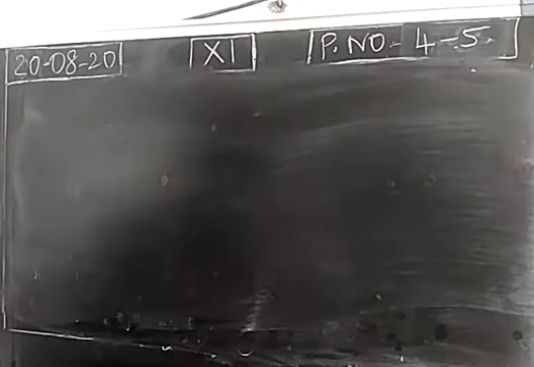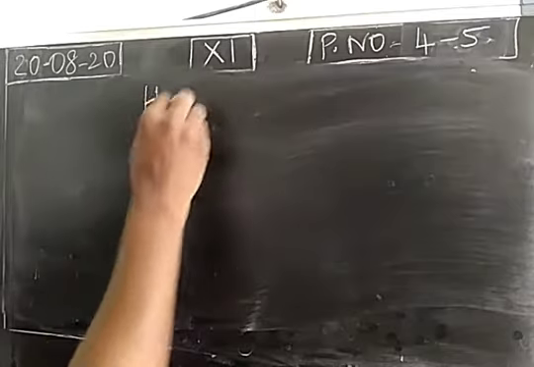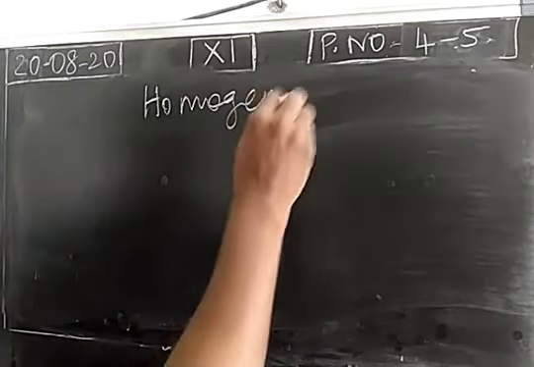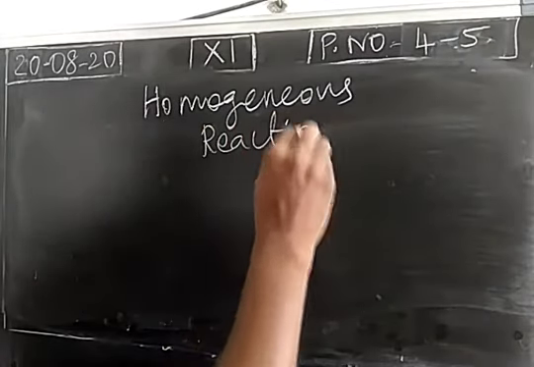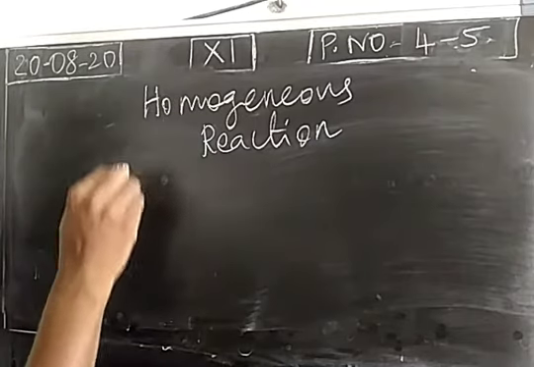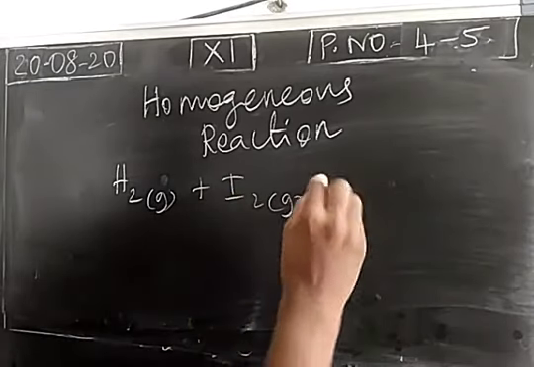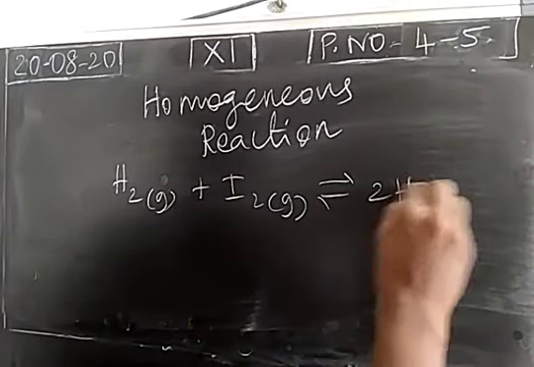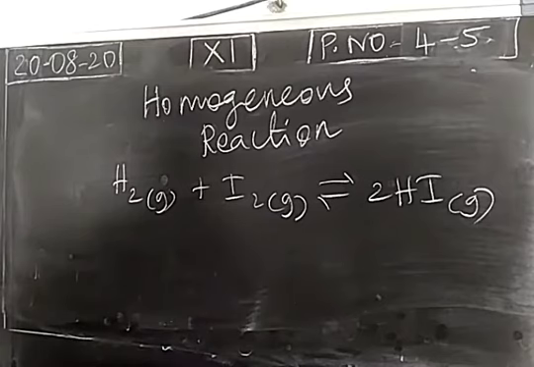Existence of equilibrium in homogeneous reaction and heterogeneous reaction. Take a homogeneous reaction. For example, hydrogen gas combines with iodine gas to produce hydrogen iodide gas. So the reactants and the product are in the same gaseous state. This is an example of a homogeneous reaction.